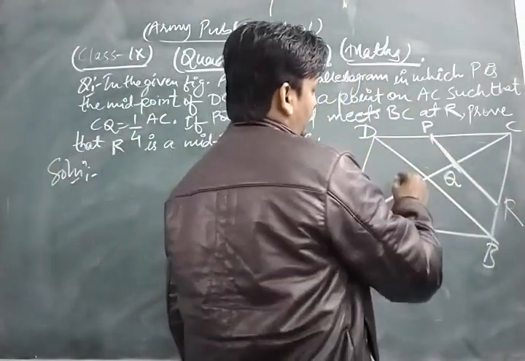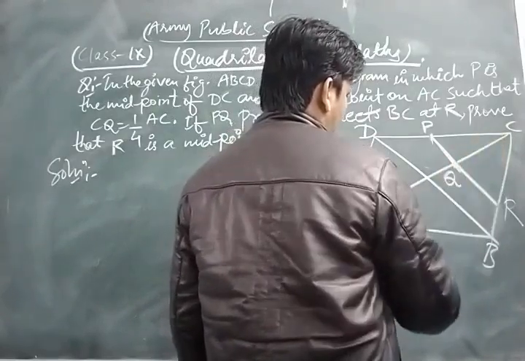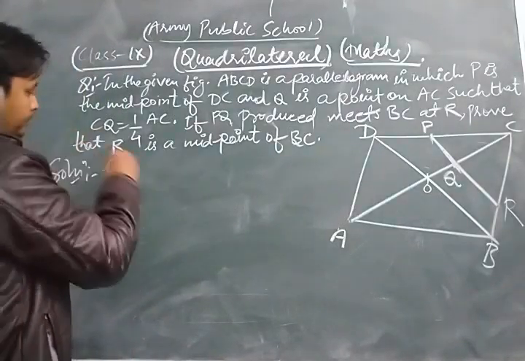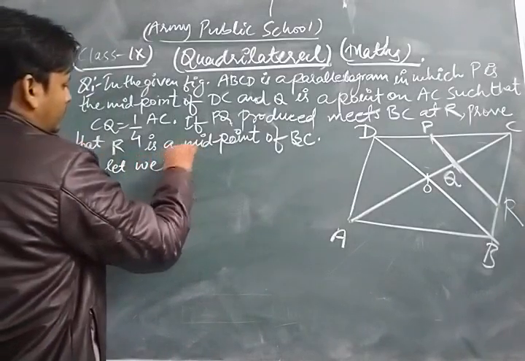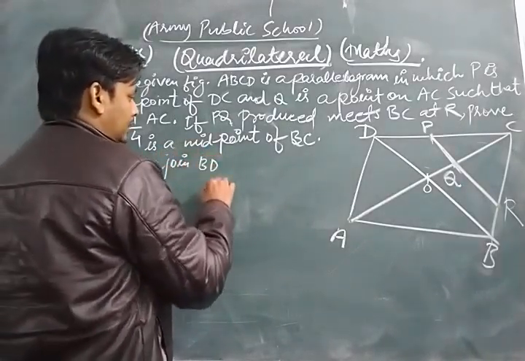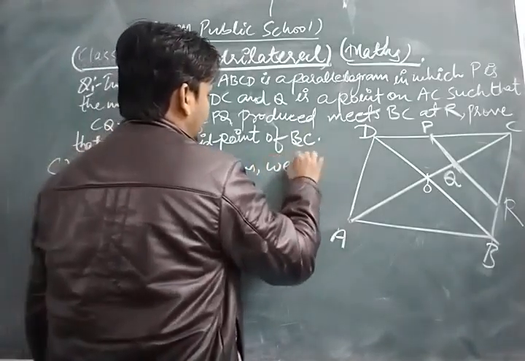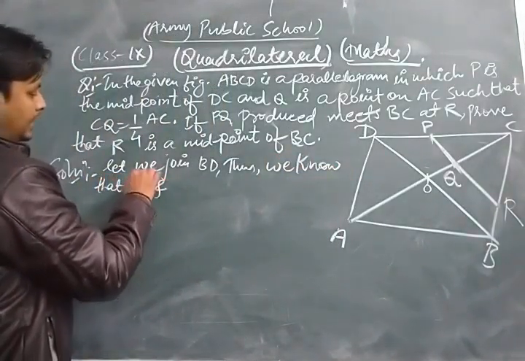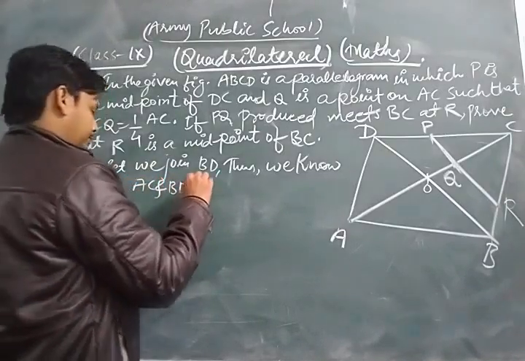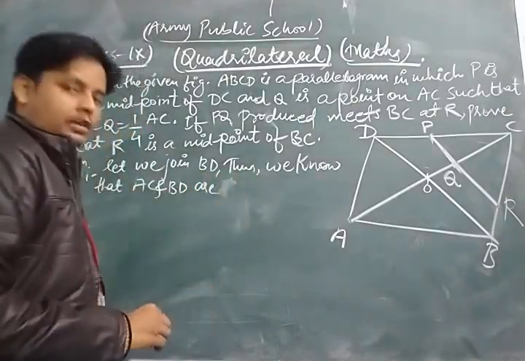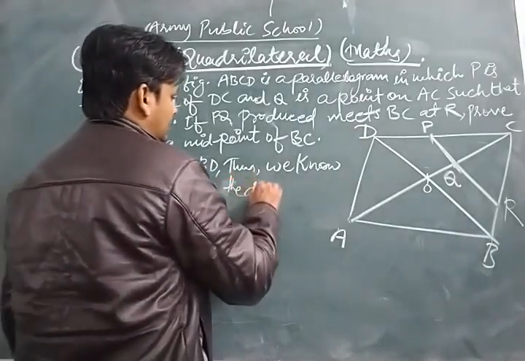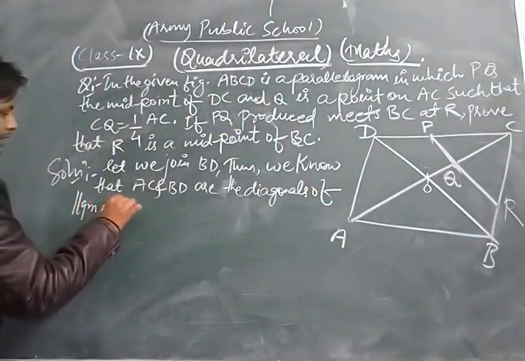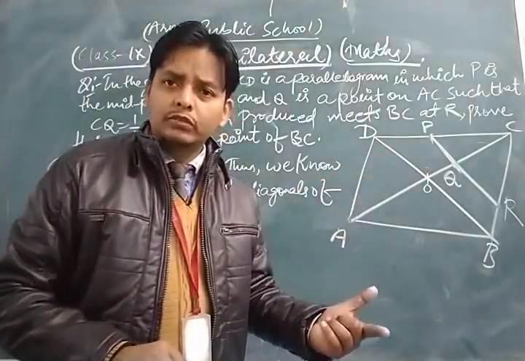Let BD intersect AC at point O. We know that AC and BD are the diagonals of parallelogram ABCD, and the diagonals of a parallelogram bisect each other.